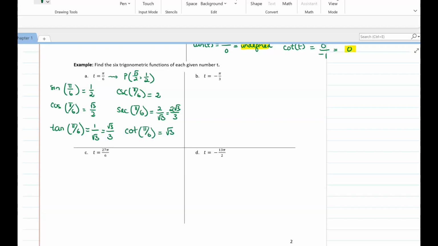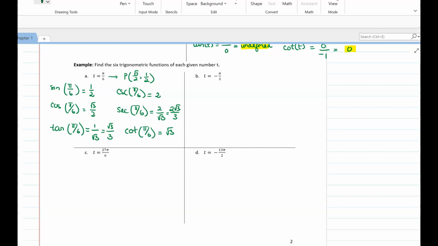For t equal to negative pi over 3, you remember your unit circle, we don't have a negative pi over 3 on our unit circle. However, we can find what quadrant that negative pi over 3 is on, and we can find the same value that would end up on the unit circle.